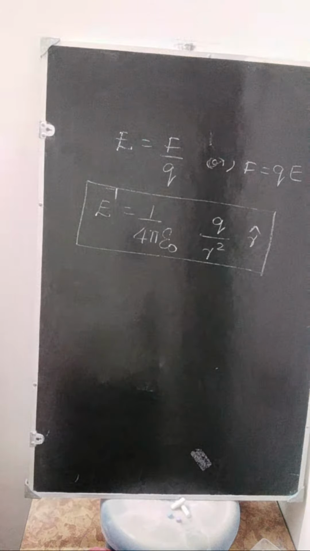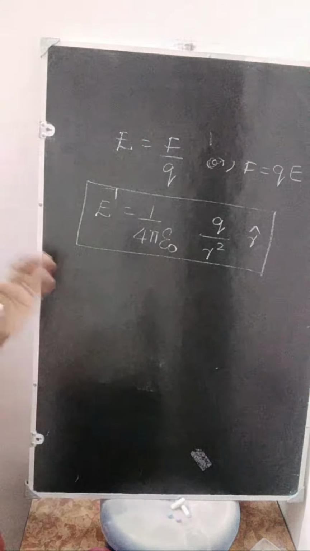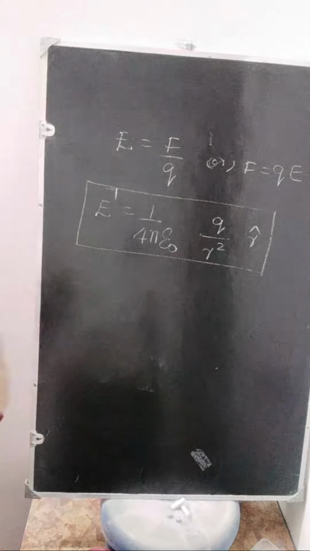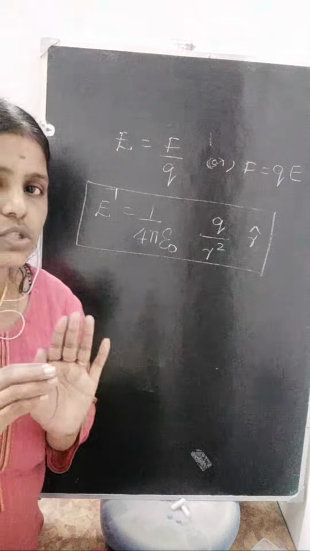And next one, what is meant by dipole? Two equal and opposite charges separated by a small distance constitute an electric dipole. That is the exact definition.